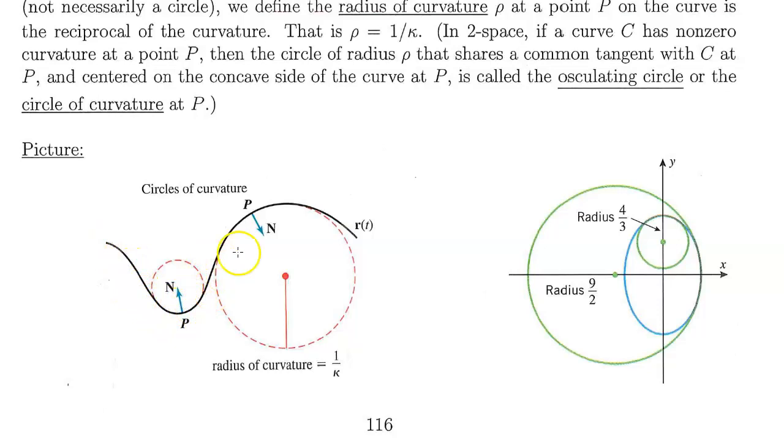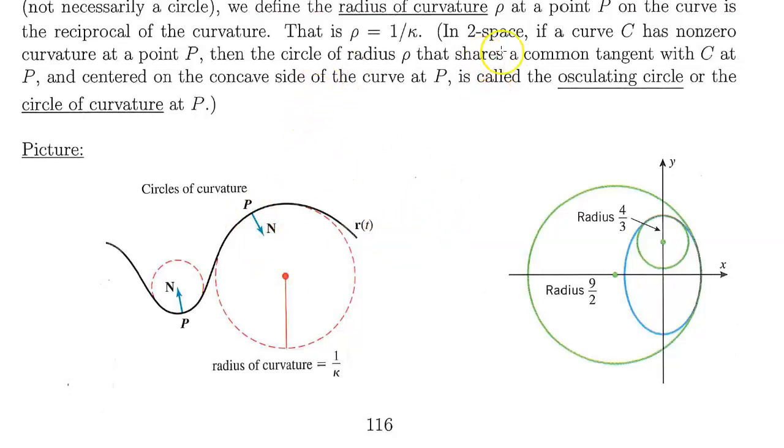It doesn't matter which direction the curve is being traced out. So the question is, at this point P and at this point P, what's the curvature? If we're at a point P like this, notice the curve is not bending quite as rapidly here as it is over here. Now at this point P, though, we have what's called a radius of curvature and a circle of curvature.